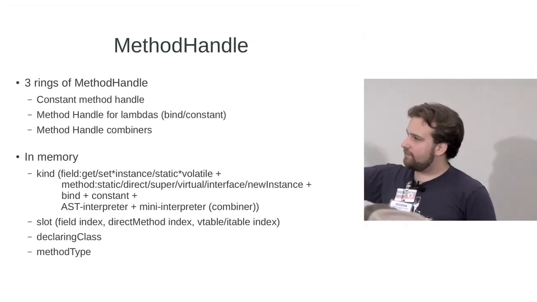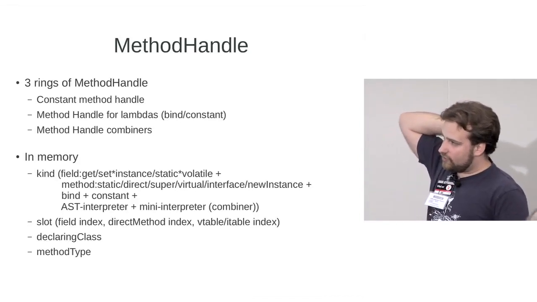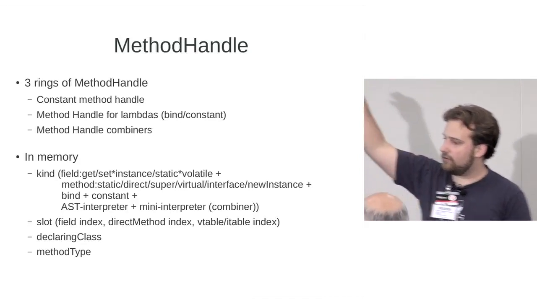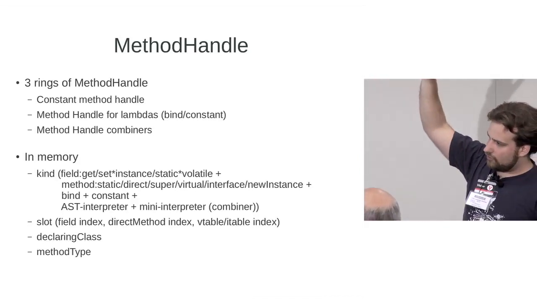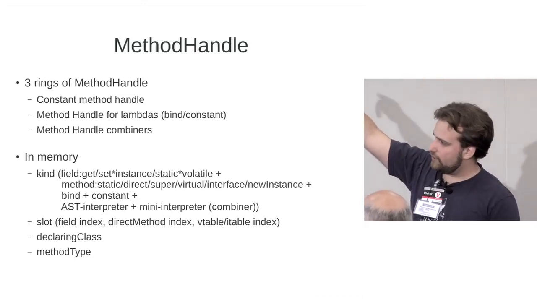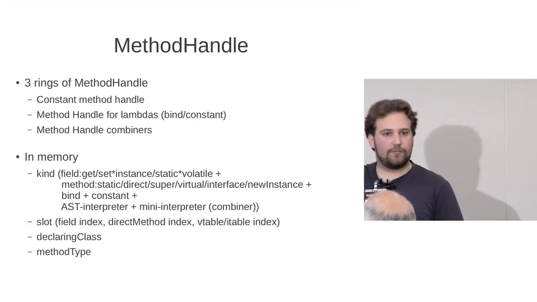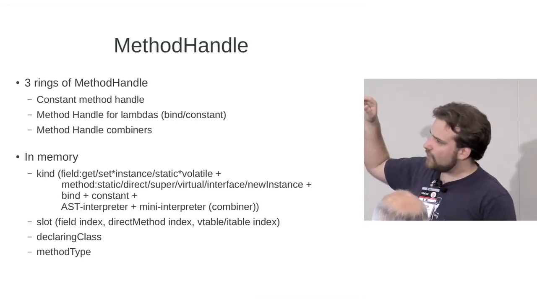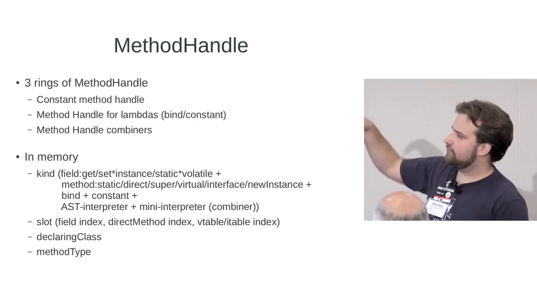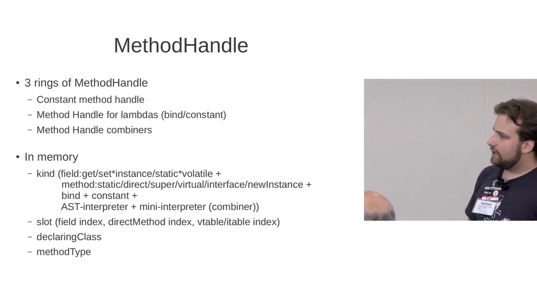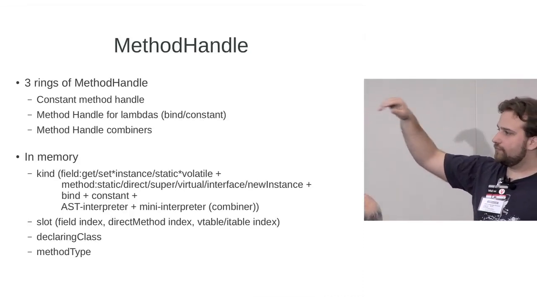We have 3 kinds of MethodHandle. We have the direct MethodHandles, which are field accessors and method invocation. We have MethodHandles for lambda, bind constant, and we have combiners.